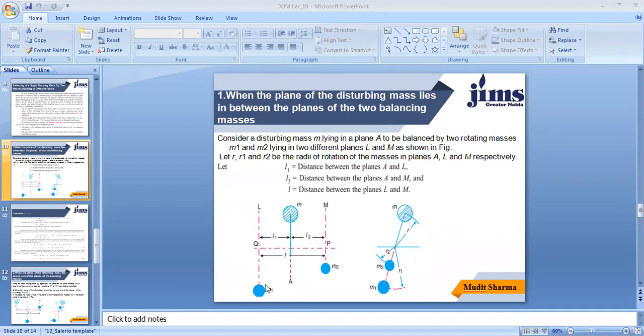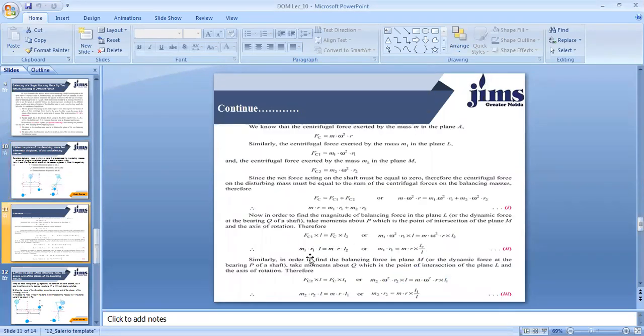The value of Fc1 is M1 R1 omega square, and the value of Fc is M R omega square. So we get the relation M1 R1 L equals MR into L2. We also get M1 R1 equals MR multiplied by L2 by L.